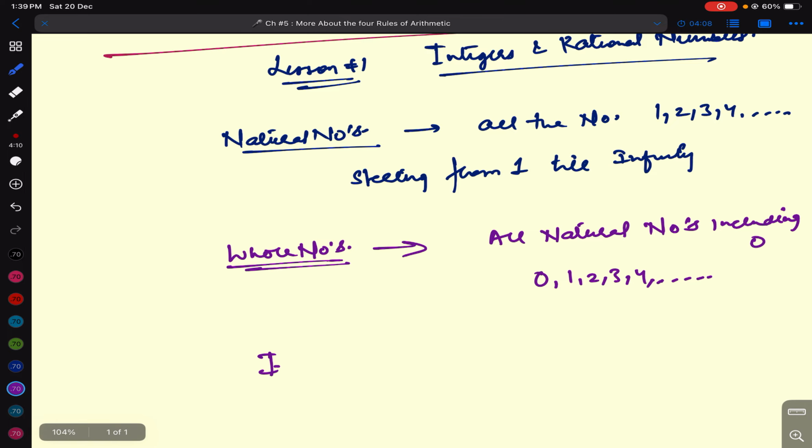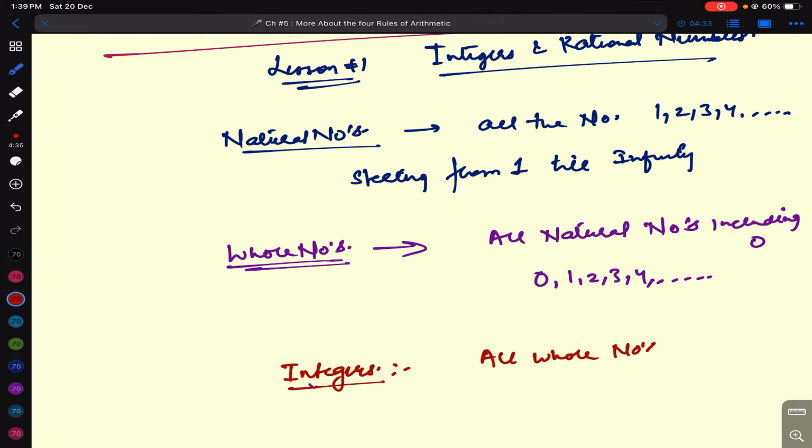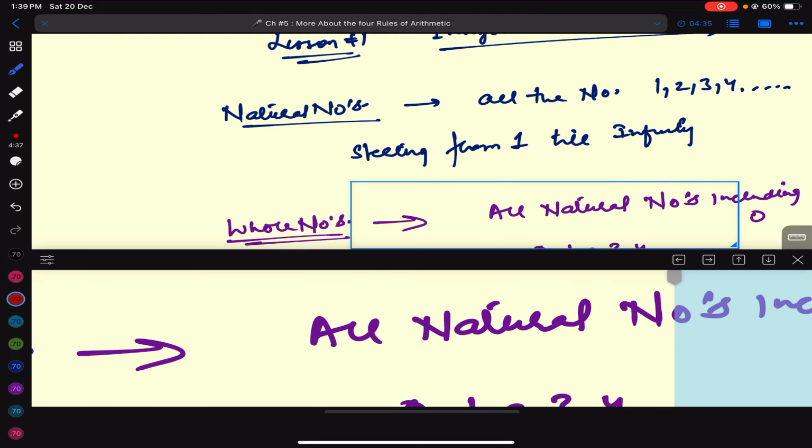Now comes the integers. When I talk about integers, they are basically all the whole numbers along with their negative counterparts as well.